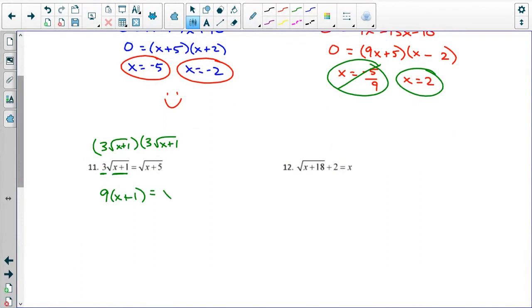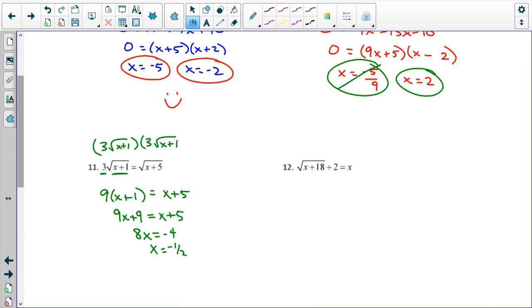So I will continue. I squared the right side, and that's x plus 5. So 9x plus 1, or I'm sorry, 9x plus 9, use the distributive property, equals x plus 5. 8x equals negative 4. X equals negative 1/2.